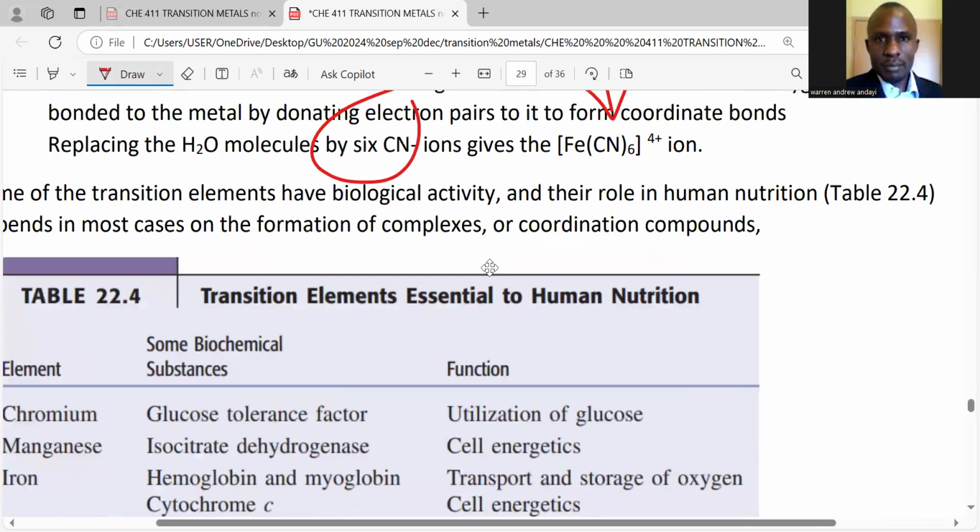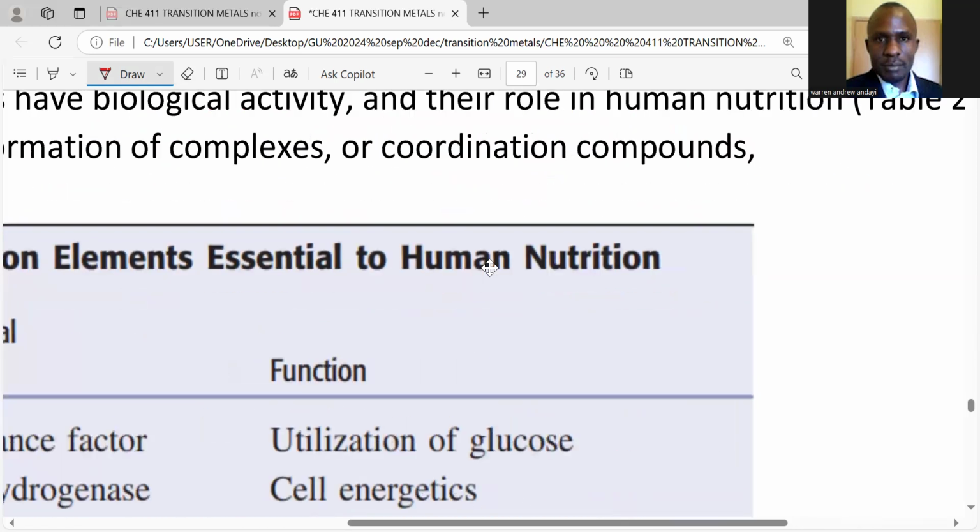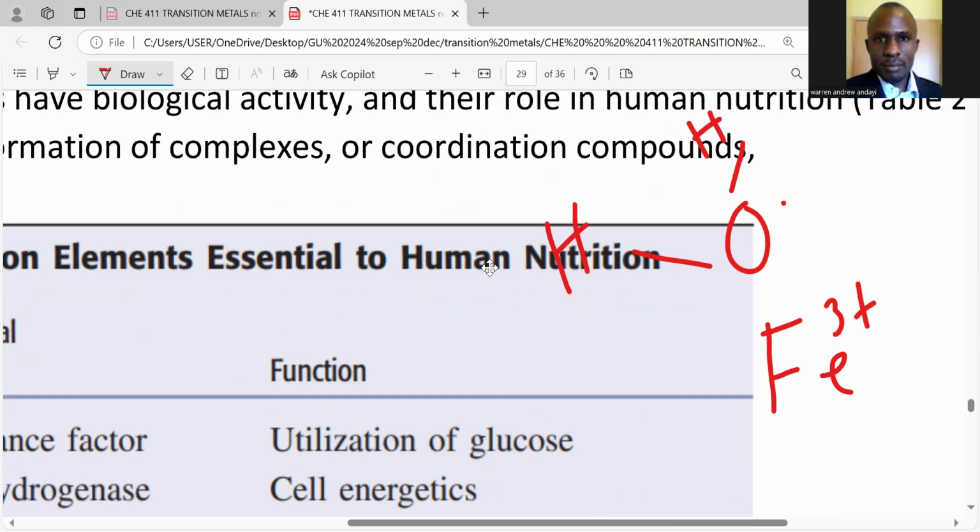So I want just to explain how the coordination happens. If I have iron 3 here, what happens? Water will be seated here, like that. Water has lone pairs, and these lone pairs will be donated towards iron to form what?